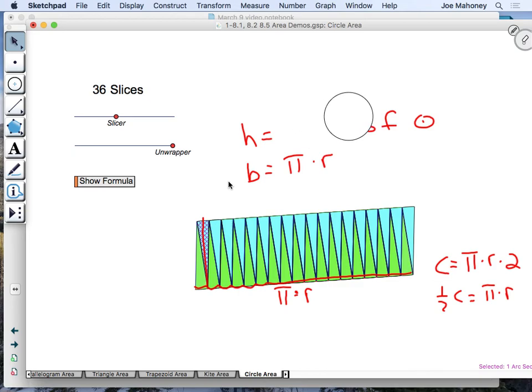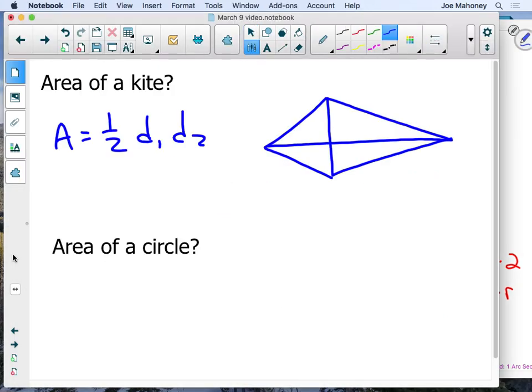My height is equal to the radius. And because I have a parallelogram, the area is the base times the height, which is pi r squared. How cool is that? Wild stuff.